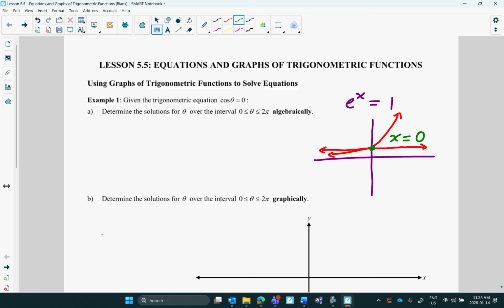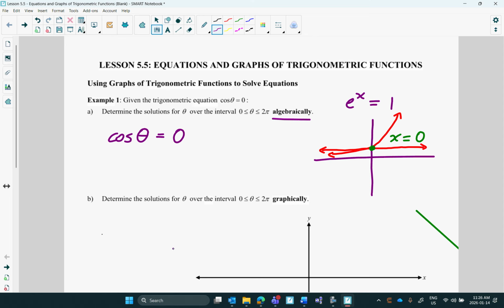So here, we're asked to solve the equation cos theta equals 0. We know how to solve that algebraically. What is theta? What are the possible measures of theta?